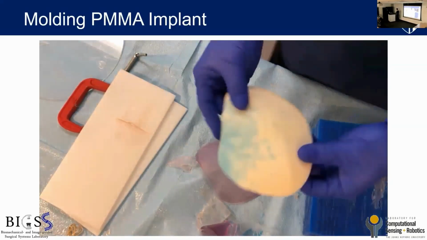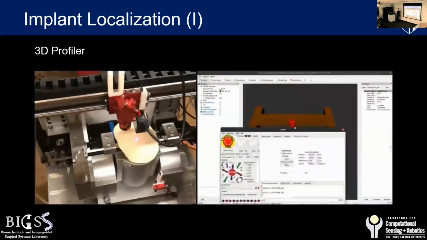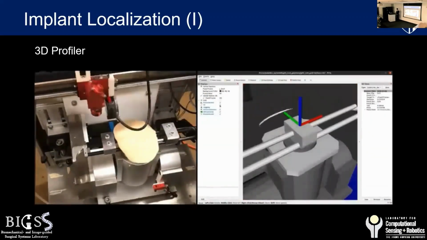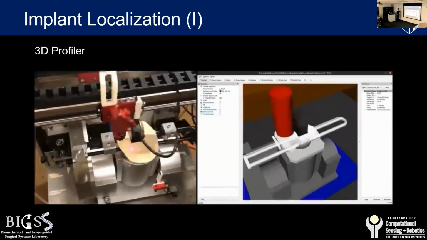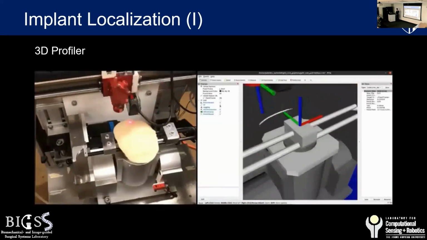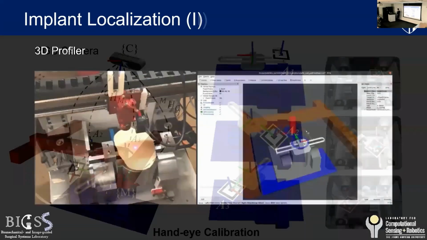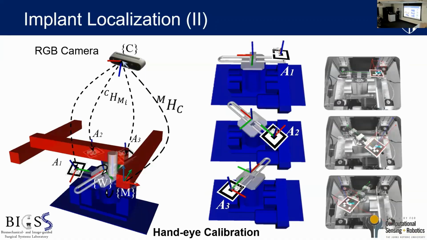And to localize the implant, I investigated 3 approaches. The first is to use the measuring laser to perform a 3D profiling of the implant. However, this approach is not effective. It takes a long time. The second approach is to use the RGBD camera.